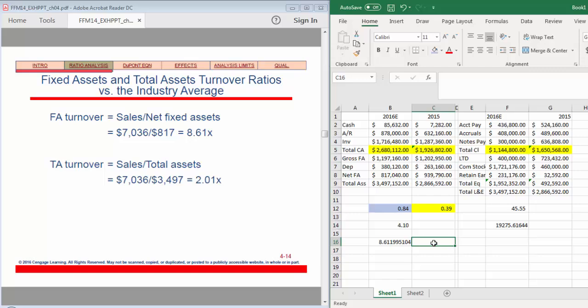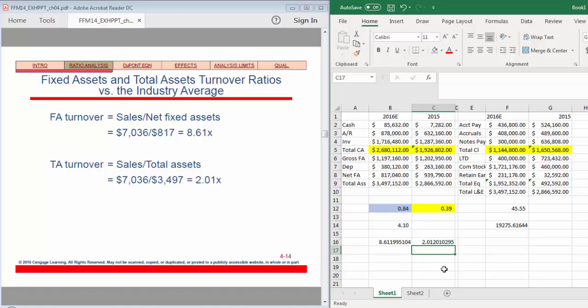Total asset turnover: total assets are this combined number, 3497152, and again 7036 divided by 3497. Again, not to confuse, in this example only the first 4 digits have been used to make calculation easy, which should give approximately the same result. So it's 2.01 times. So your sales are 2.01 times your total assets.